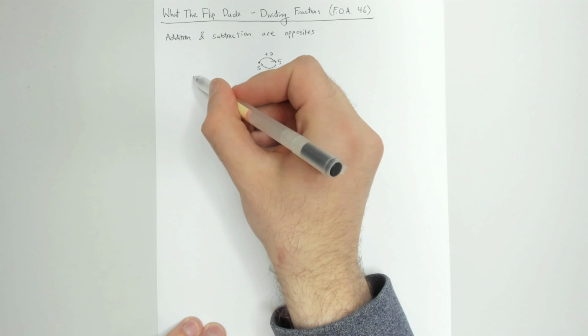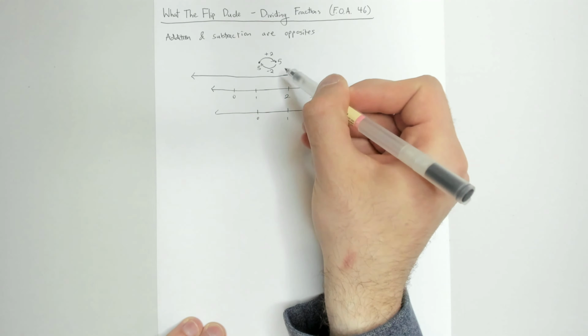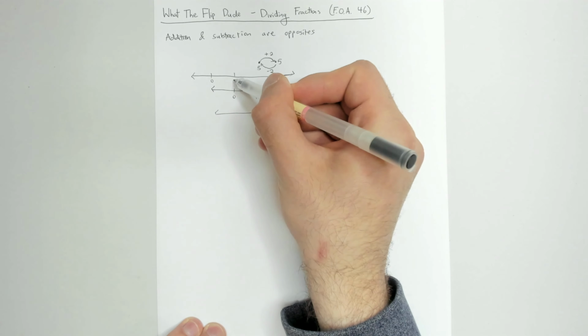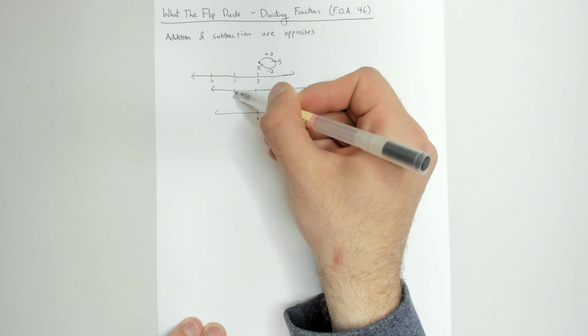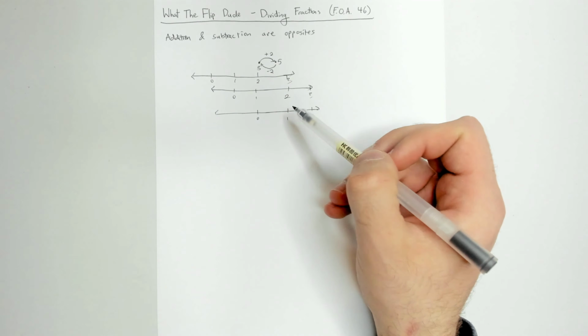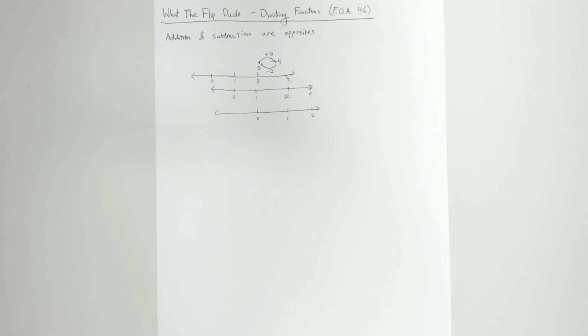Or if we slid it to the left instead, that would correspond with subtraction, right? So 1 minus 1 is 0, 2 minus 1 is 1, 3 minus 1 is 2, and so forth, right? So we see that essentially addition and subtraction were actually the same type of action, the sliding of the number line, just in different directions. Right, so we have this idea that addition and subtraction are opposite of each other.